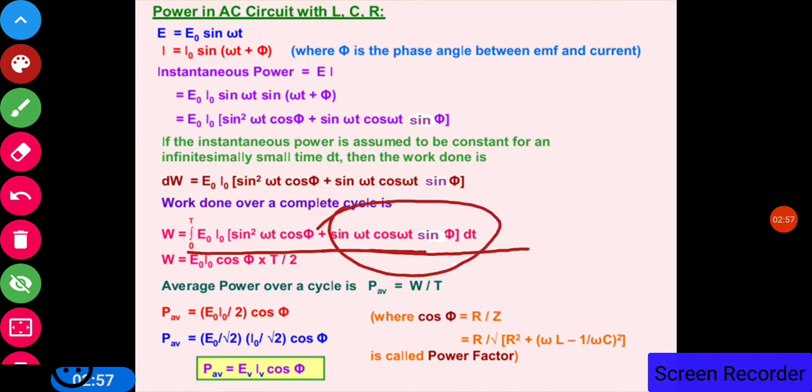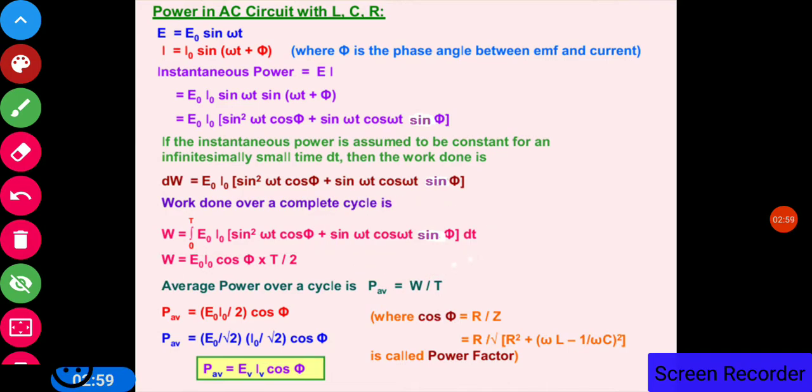So integration for this term, the result will be 0, and for sin square omega t, it can be converted into (1 minus cos 2 omega t) upon 2. For the complete cycle, the average value of the cosine term is 0.